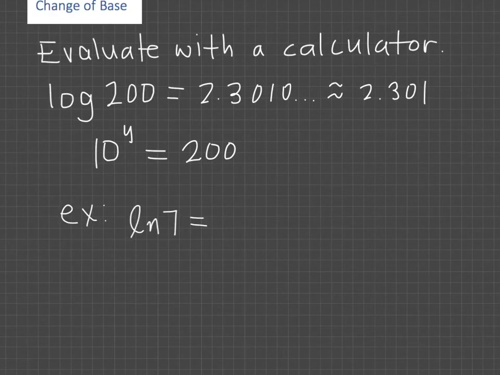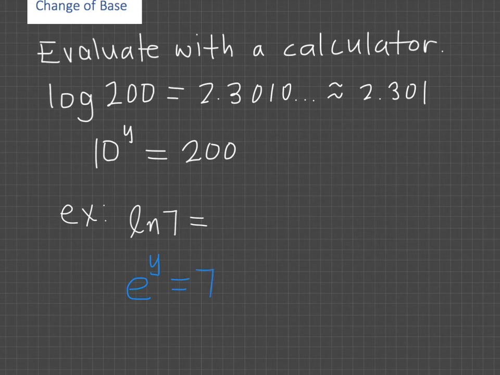All right, let's look at this one, natural log of 7. So again, we're going to be able to use our calculator, and let's just write down what it is that we're calculating. What we're calculating is the base of e, because it's natural log, to an unknown exponent, and the result is 7.